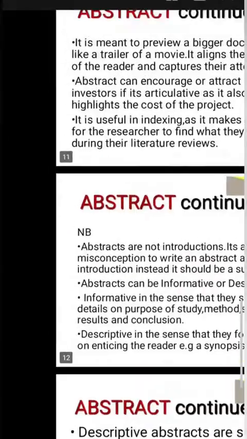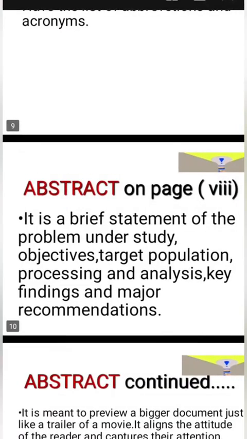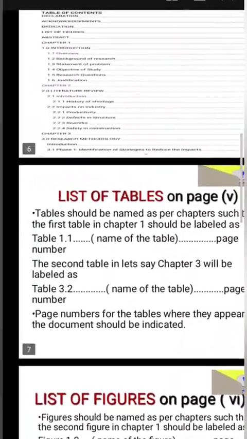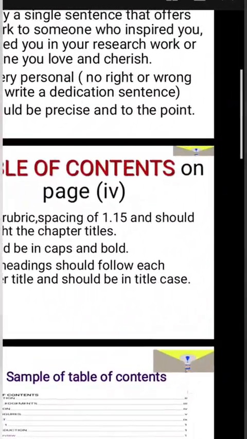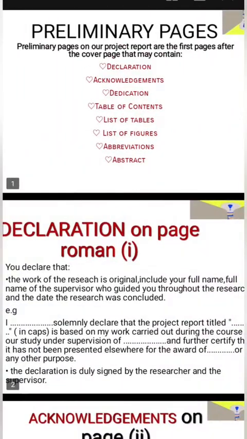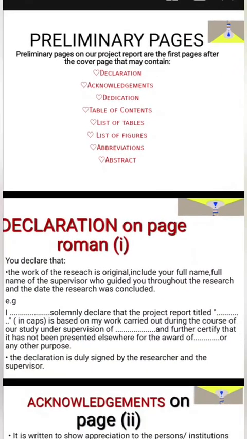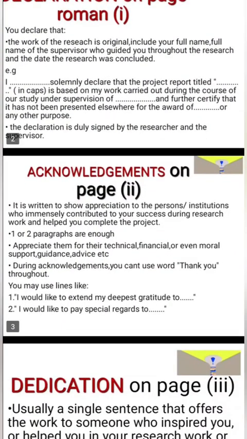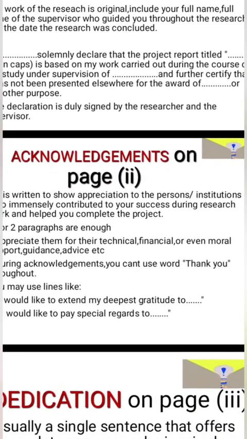So in a nutshell, we have just gone through the preliminary pages. We've listed some of the components that we normally encounter. We have the declaration and the acknowledgement, which have been discussed comprehensively.